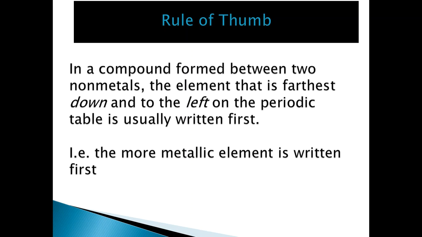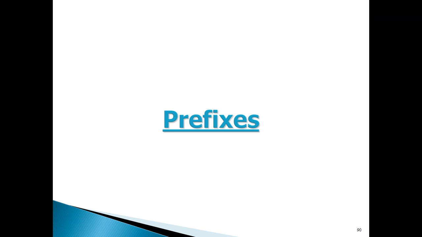So when you're naming a binary molecular compound, you look at both elements and you look at the one that is furthest down and to the left of the periodic table, and that one will be indicated first in the name as well as in the formula, all right? So that's something you have to take into account.